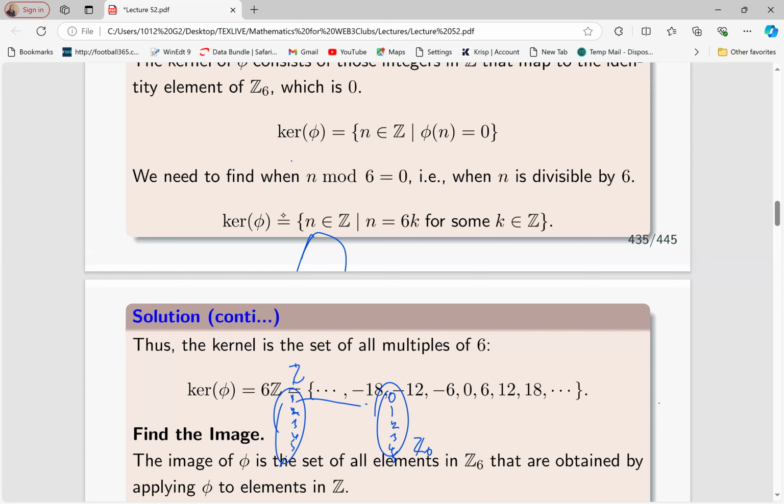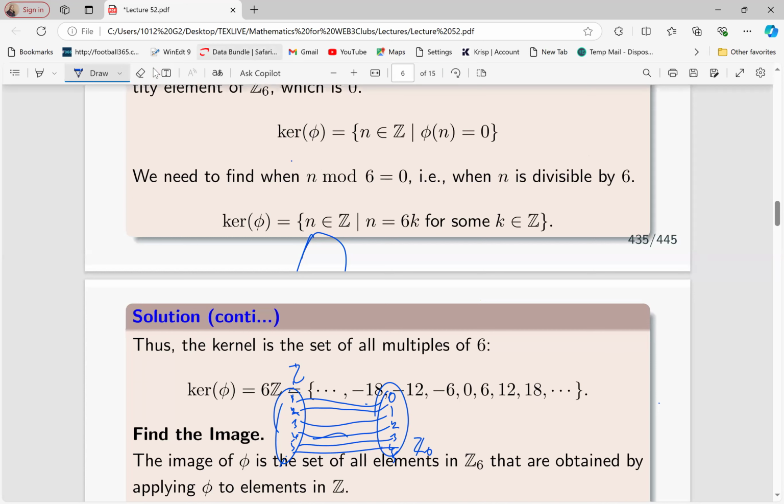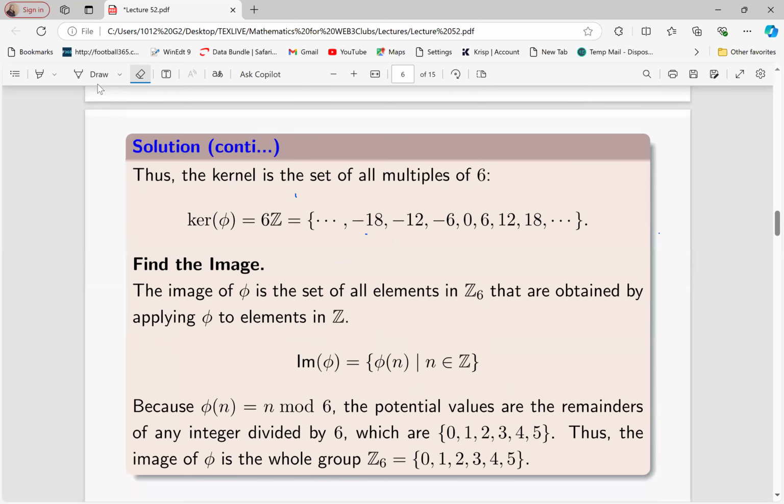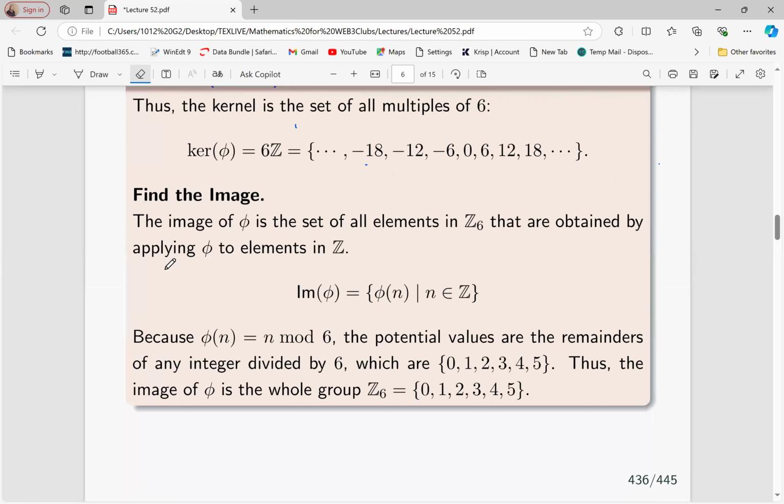So you can see all these elements will be mapped to. All those elements will be mapped to. And so the image is the entire codomain.